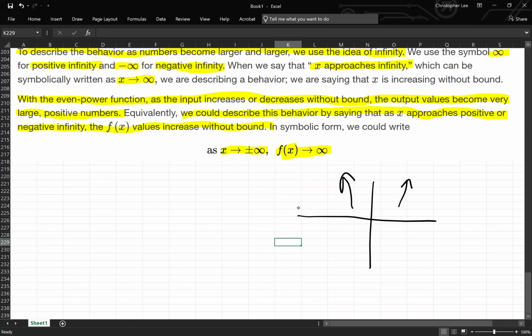That's what it's trying to say. As x is going to positive infinity or negative infinity, the y values are going to infinity. That's the end behavior of x to an even power.